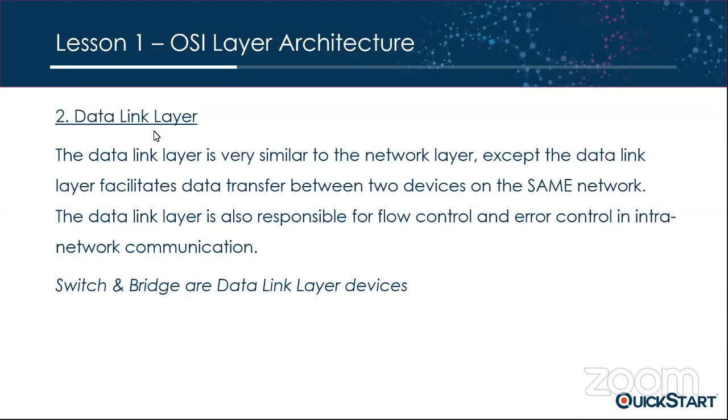That is why we call it a switched network, right? It facilitates data transfer between two devices on the same network. The data link layer is also responsible for flow control and error control, but not for inter-network communication.